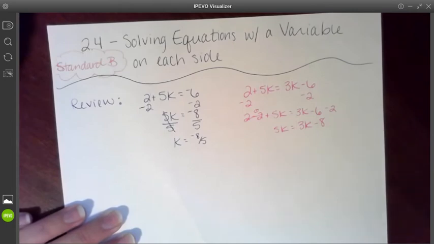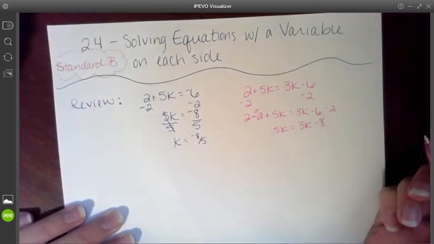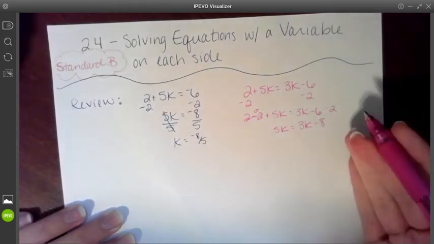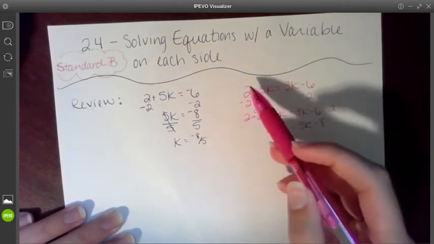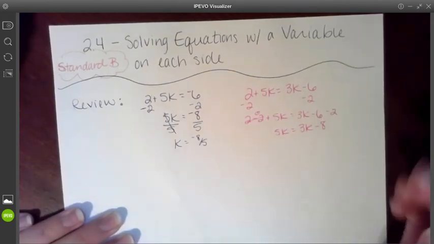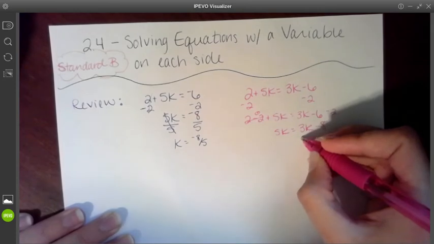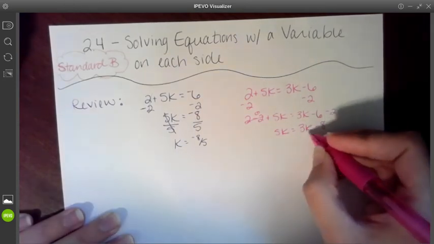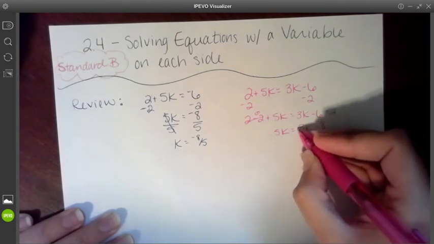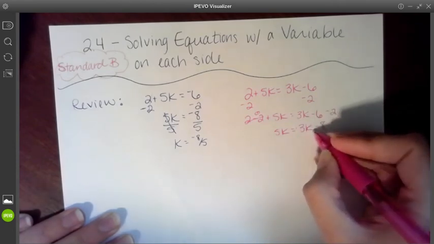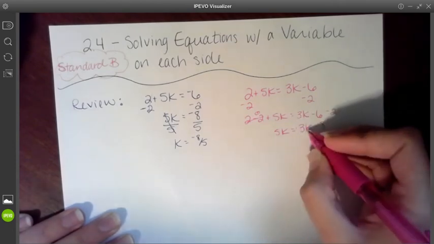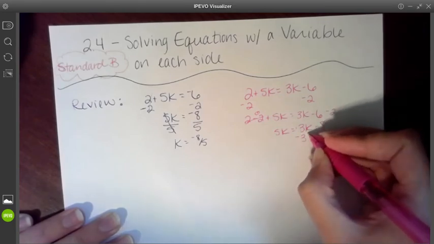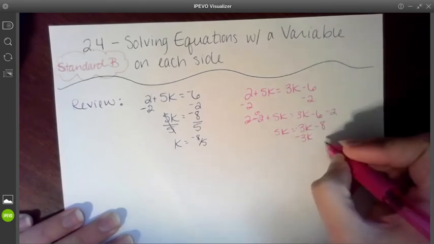All right, so what do we do about these two k's? Well, that same thing that we do with these whole numbers or any other constant number, we can also do that with these terms that have variables. Okay, so over here, we're adding 3k. We have a positive 3k minus 8. Let's subtract that 3k.